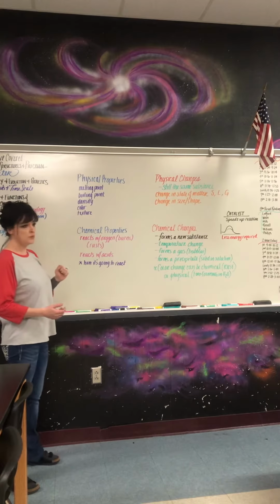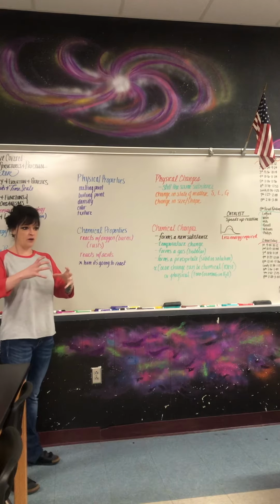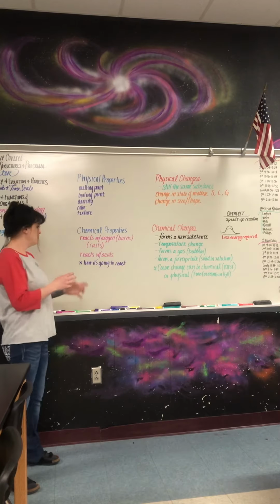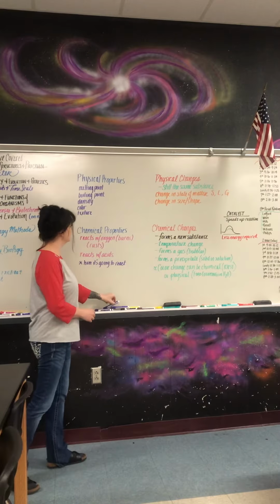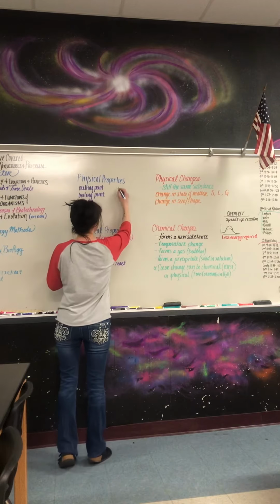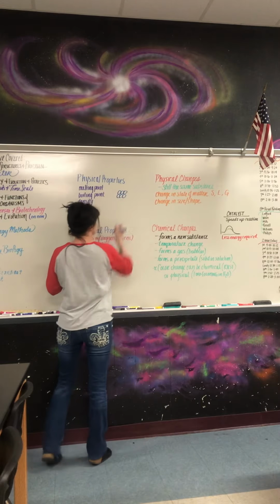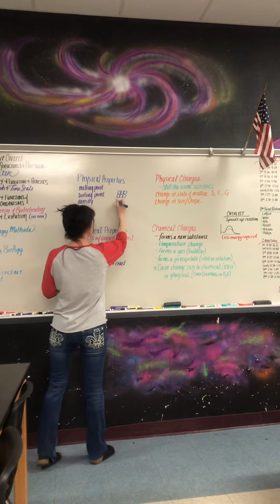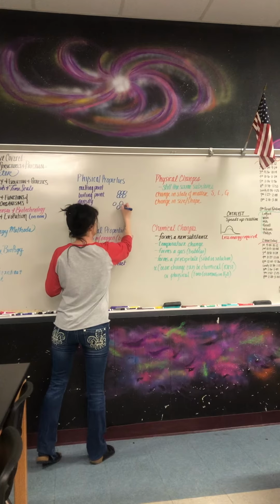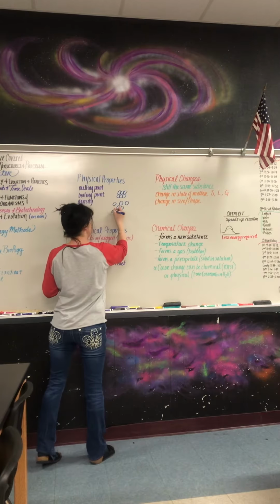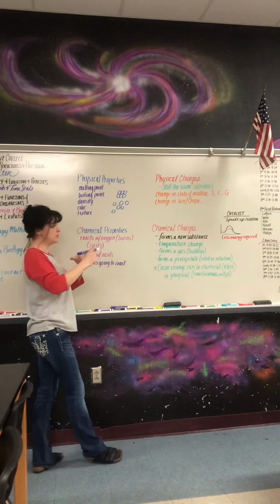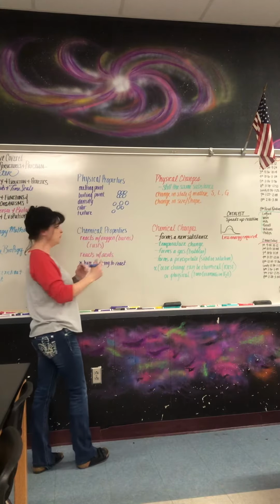Density is a physical property because it's based off of how close the particles are together. If it's a solid, you're going to have particles that are really close together. If it's a liquid, the particles are able to move around each other, still pretty close together, but able to have a fluid movement around each other.